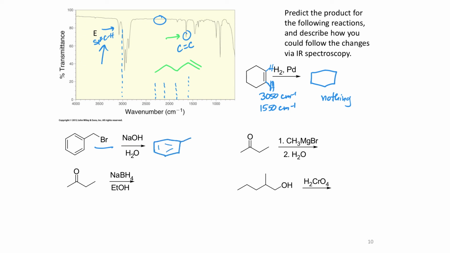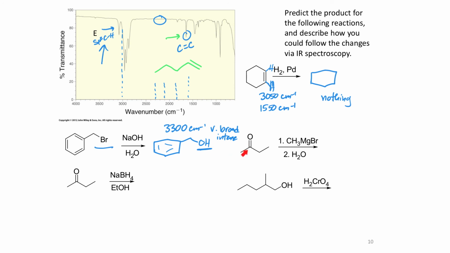So we're going to make benzyl alcohol, and that's pretty easy to follow. Here we would expect something at 3300 and very intense and very broad. And we would not expect that on our starting material because there is no OH group. So we can analyze this outcome by looking for the presence or absence of the OH.